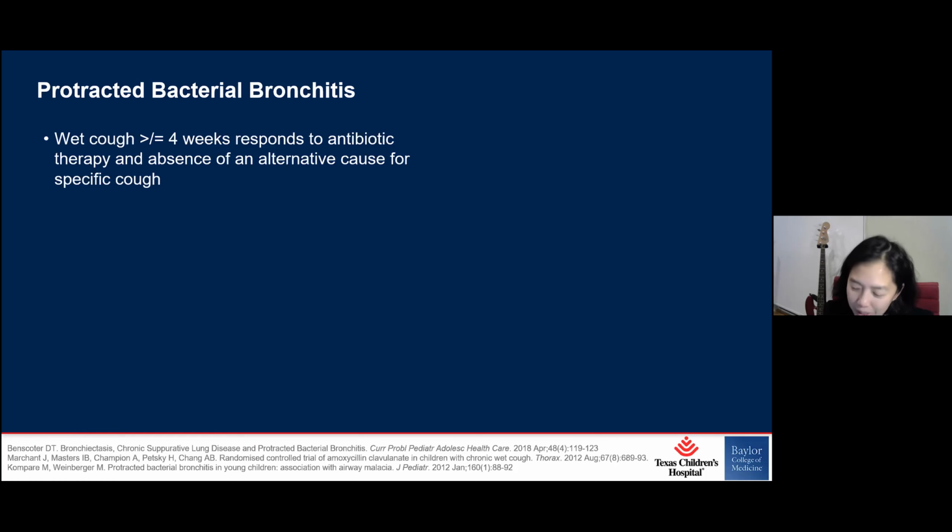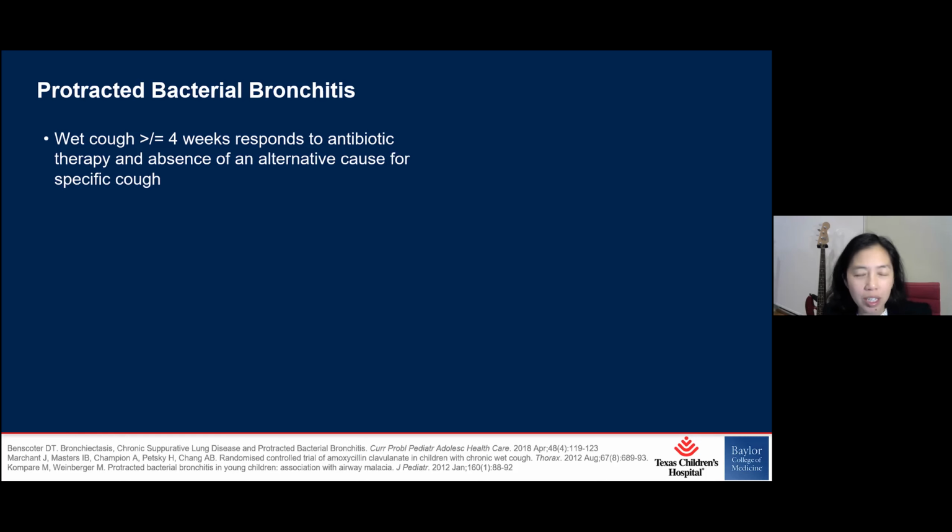This definition comes from our pulmonary colleagues' literature, and it is interesting to me that it doesn't involve BAL as part of the diagnostic criteria. In our aerodigestive clinic, we do a lot of BALs to help identify specific organisms that need to be treated, and to help make the diagnosis of PBB, because we do see a lot of other alternative causes for cough.